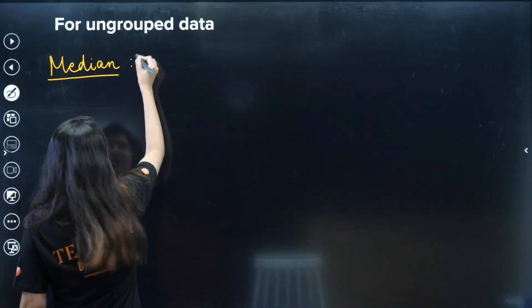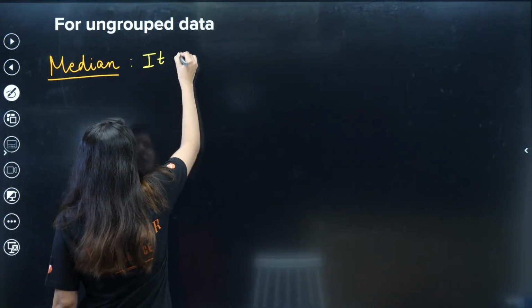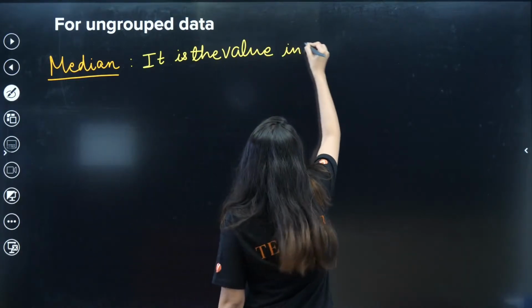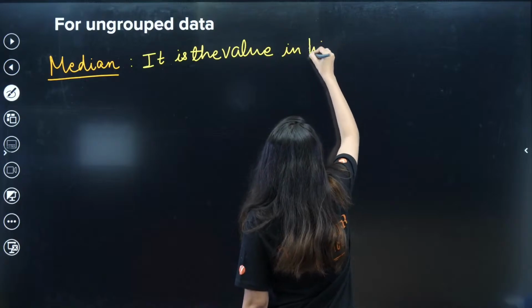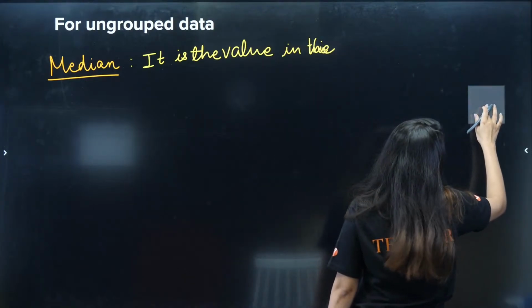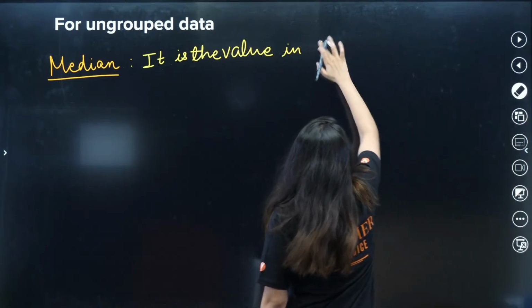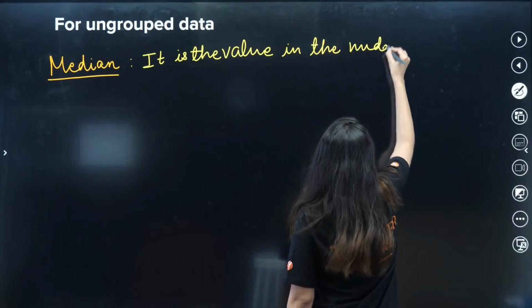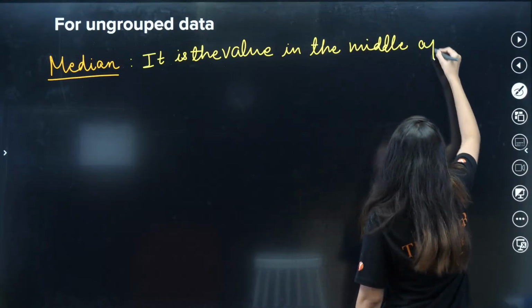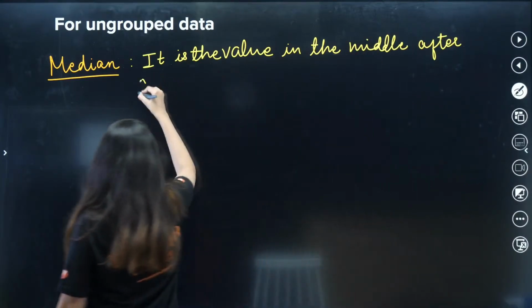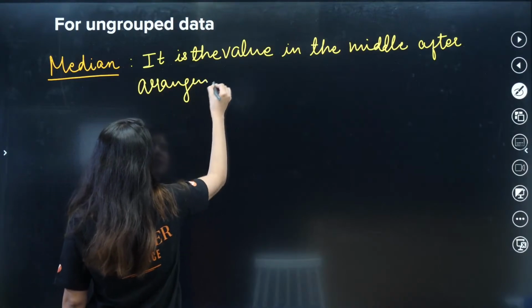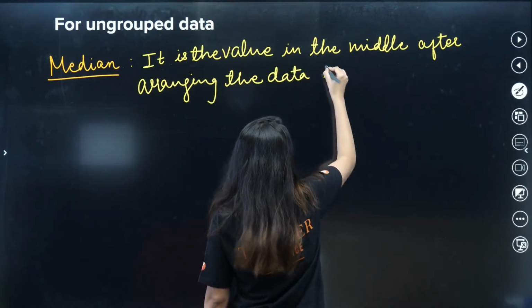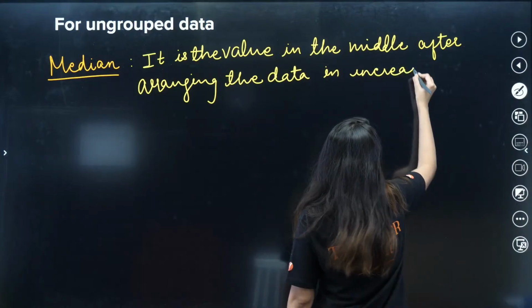The definition of median says it is the value in the middle after arranging the data in increasing or decreasing order.